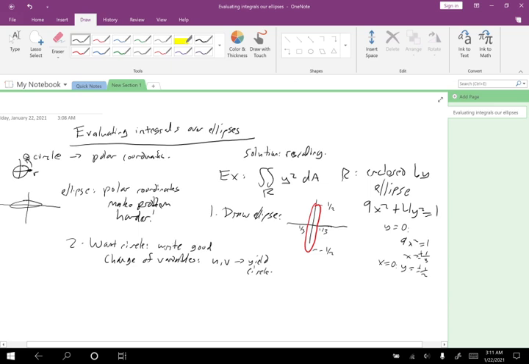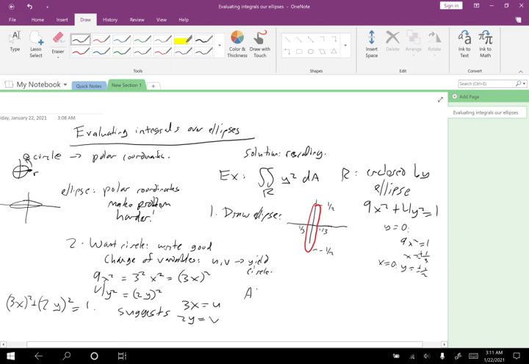Just argue that 9x squared is 3 squared x squared, so really it's just (3x) squared. Similarly, 4y squared is (2y) squared. That is, let's see, (3x) squared plus (2y) squared equals 1. This suggests letting 3x equal u and 2y equal v.